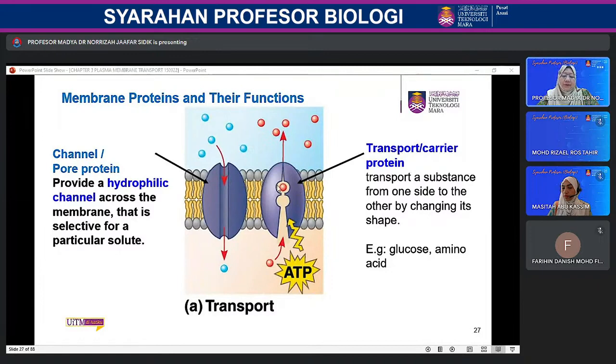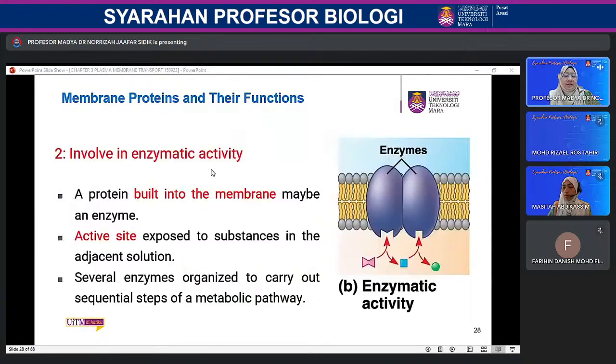So the membrane protein itself can release the ATP to use as an energy source, right? Another function is involved in enzymatic activity. All enzymes, as you know, are a type of protein.